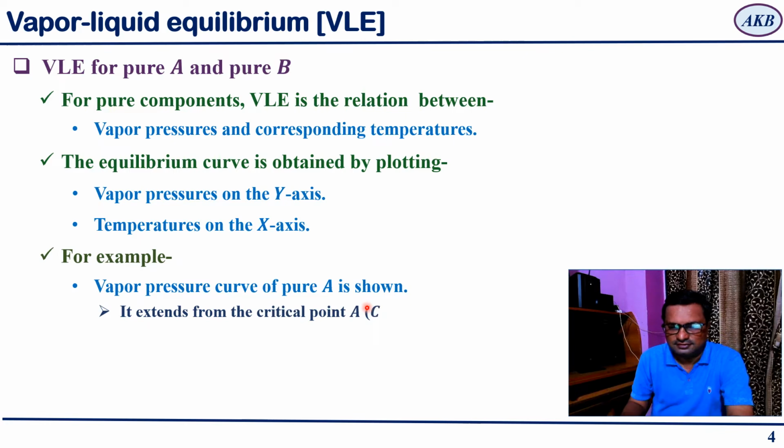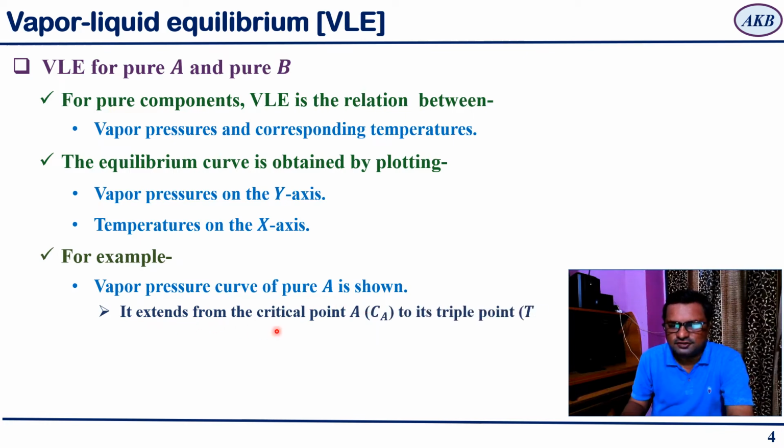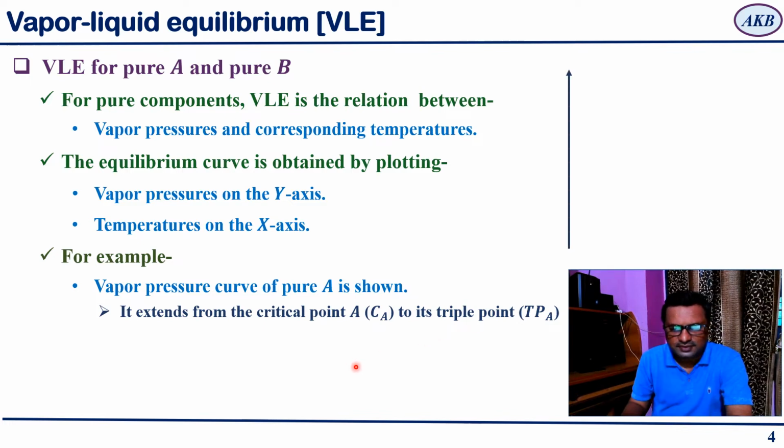This curve for pure A extends from the critical point of A, that is Ca, to its triple point, TPA, the triple point of A. At the critical point, temperature and pressure are critical, whereas the triple point is that point at which all three phases, solid, liquid and vapor, coexist. So the vapor pressure curve for pure A extends from its critical point to its triple point.